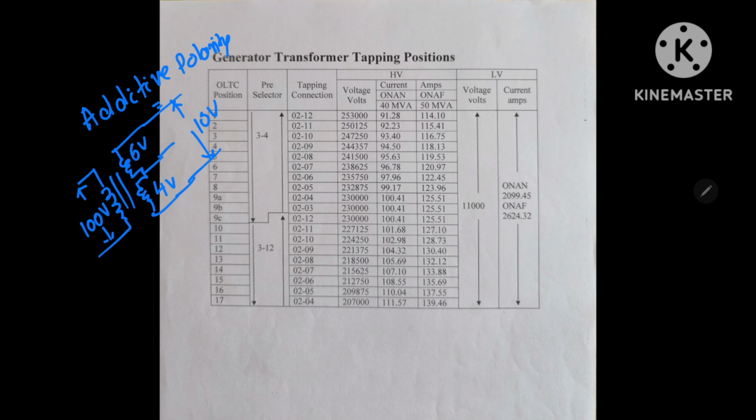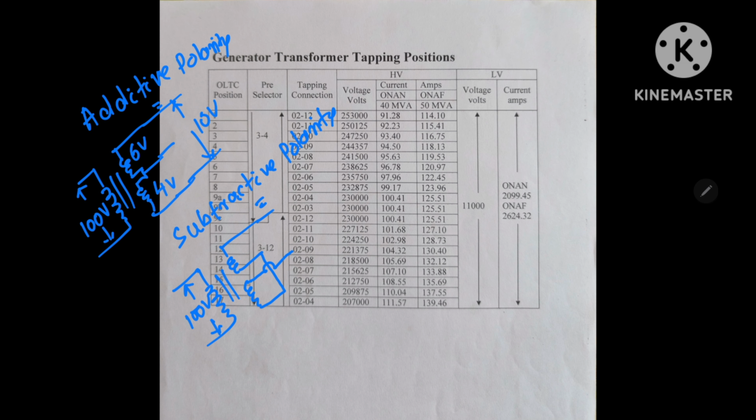But in case of, I will change the connection slightly only. This is called as subtractive polarity. Here the same transformer, I will just alter the connection.